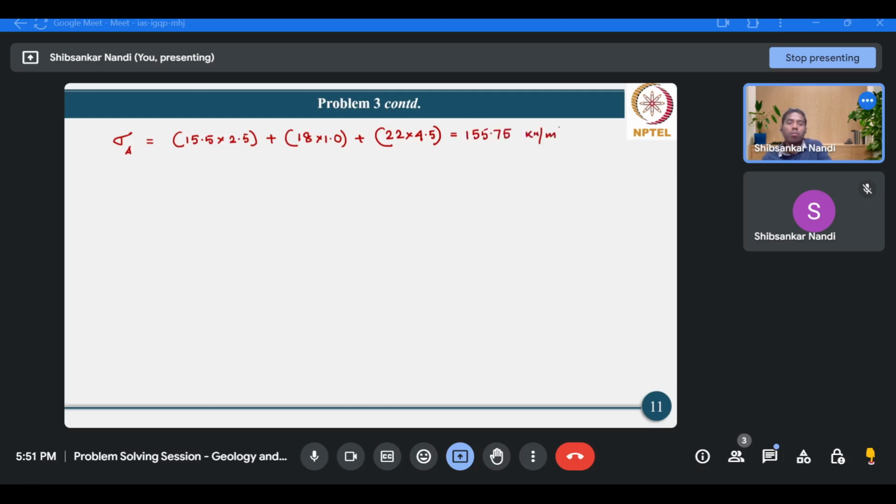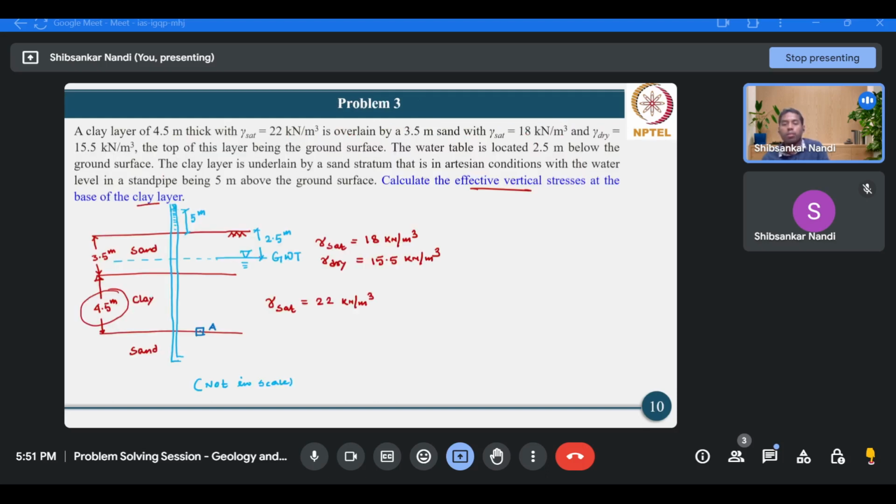kilonewton per meter square. And for the calculation of pore water pressure at point A, since the jet will start from here, it will be gamma w into z. So the z value for point A is 1 plus 4.5.